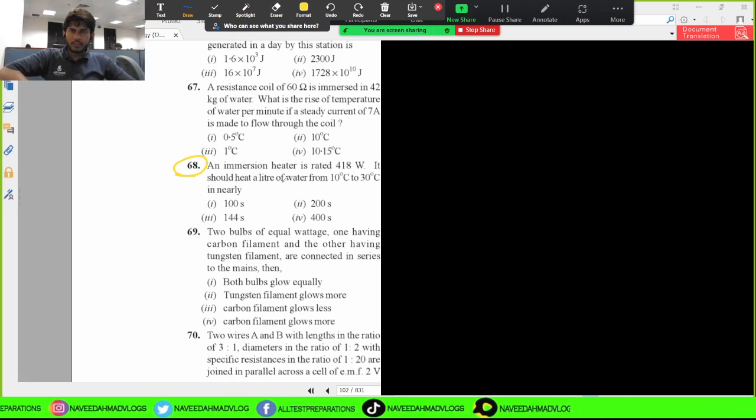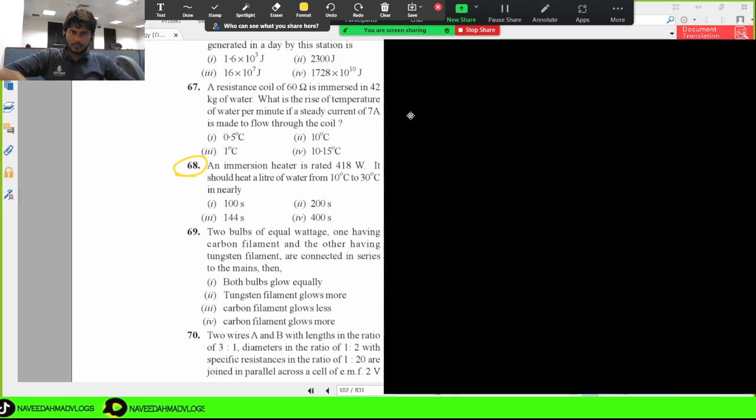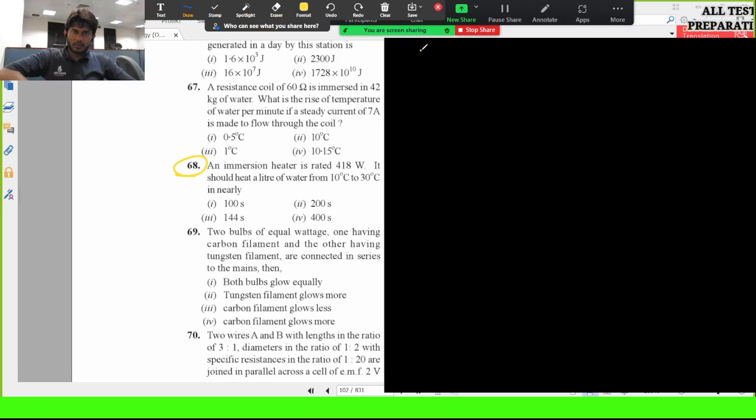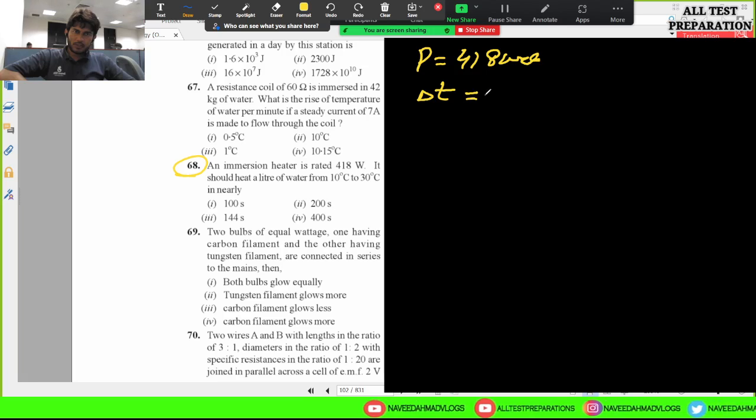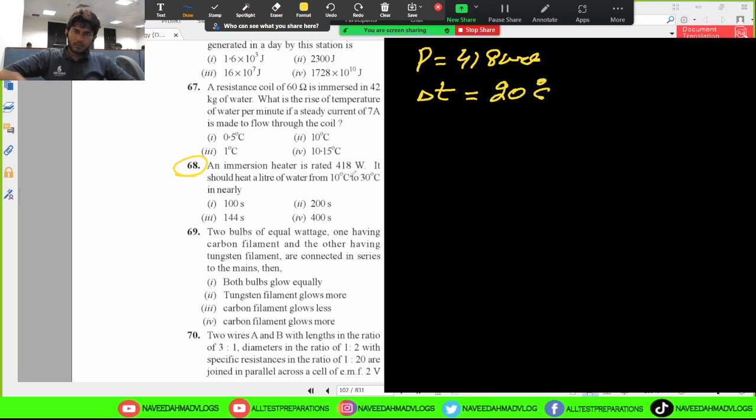It should heat a liter of water from 10 degrees C to 30 degrees C. In this case, power is given to us, that is 418 watts. The temperature difference is 30 minus 10, that is 20 degrees. You need to find the time.